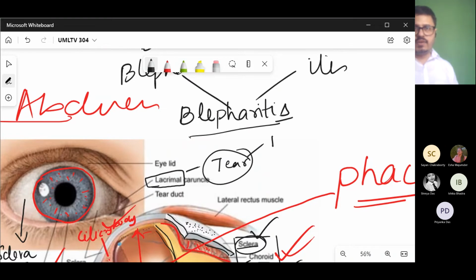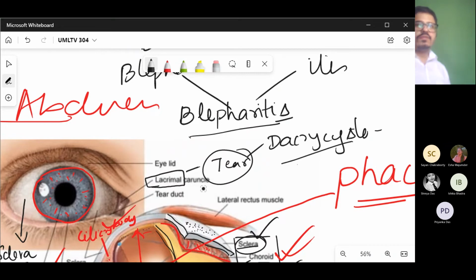The prefix for the tear gland would be dacryo. Dacryocysto. So can you tell me the term for the inflammation of the tear gland now? Inflammation of the tear gland.